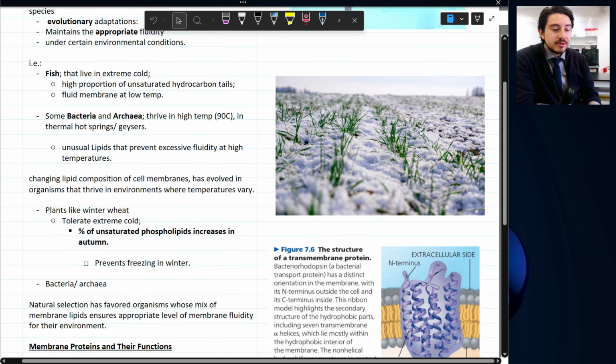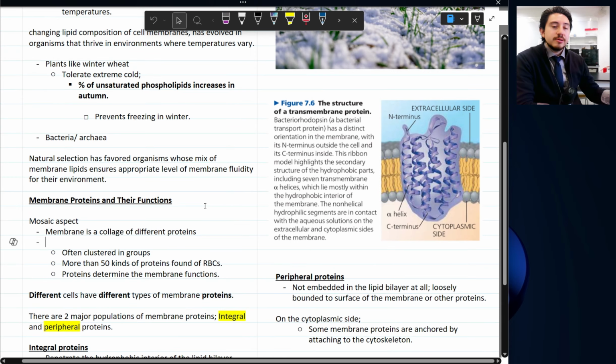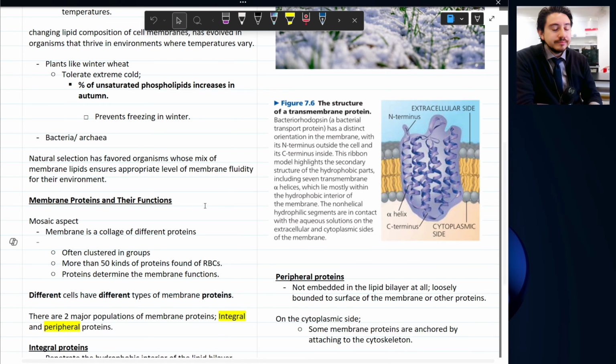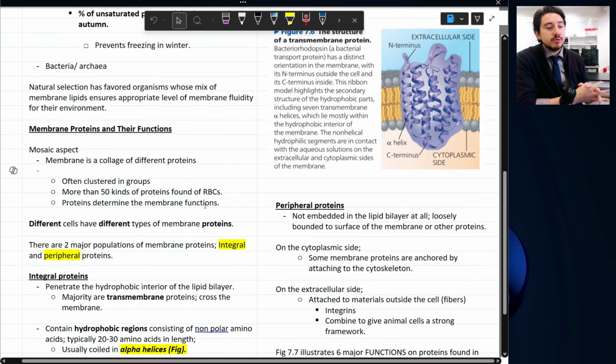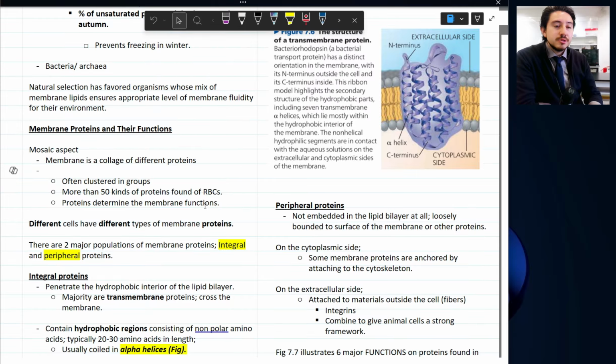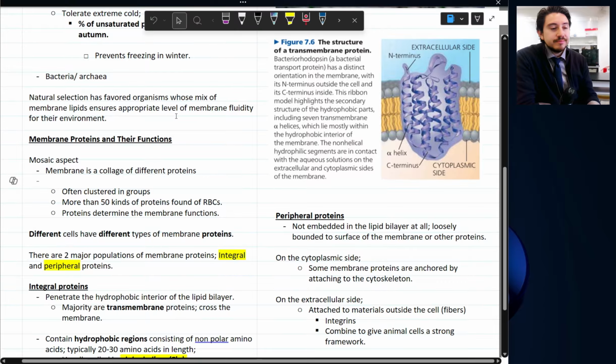This is a picture of the winter wheat in the early stages of growth. Other bacteria and archaea also have this ability to thrive in these extreme environments. So ultimately, natural selection favors organisms that can get a mix of membrane lipids to thrive in these particular conditions and regulate it rather effectively.